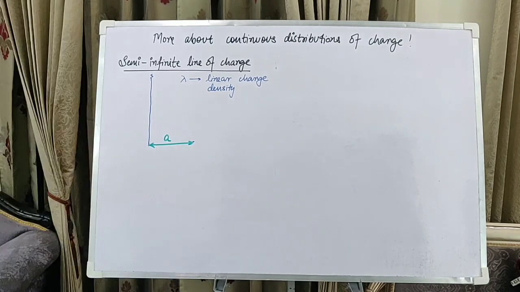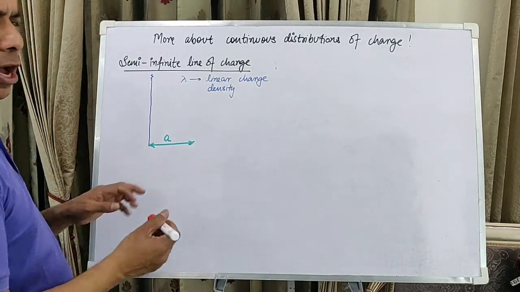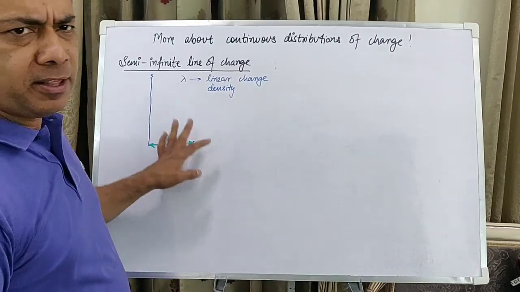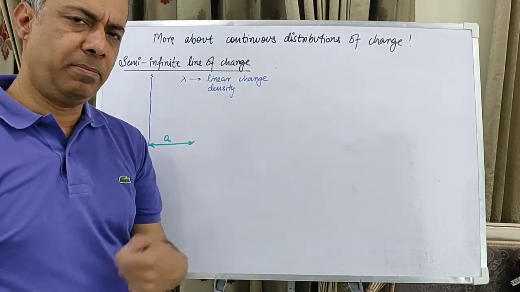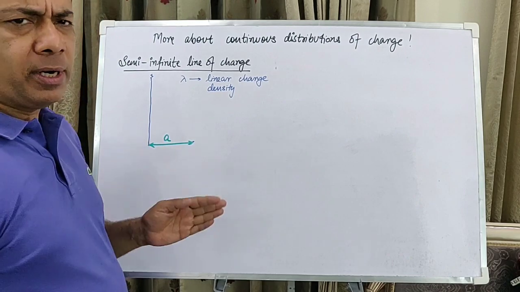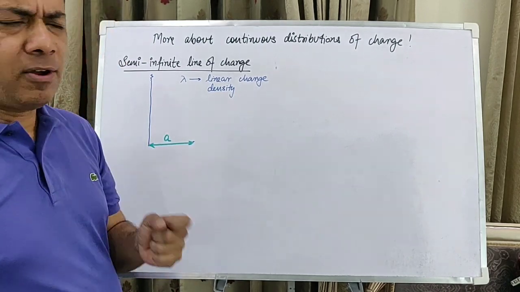I'm giving you a formula for this without derivation, because we have done the derivation for an infinite line of charge in the previous video, and therefore a derivation for this one is not essential.